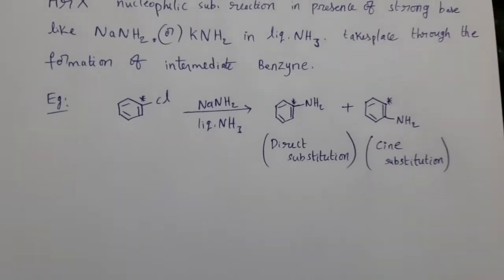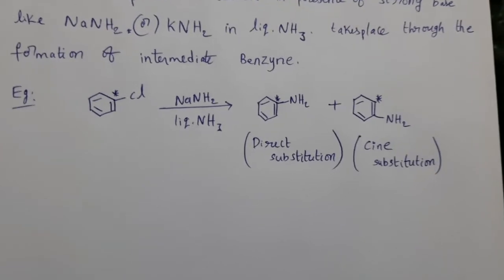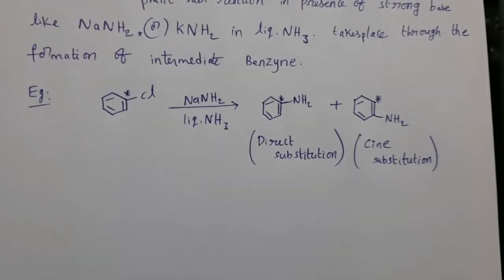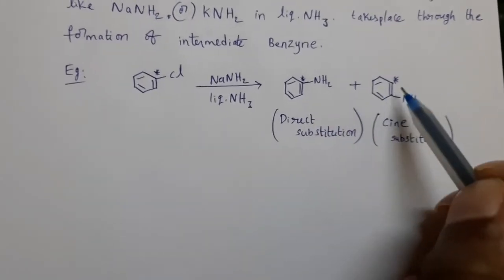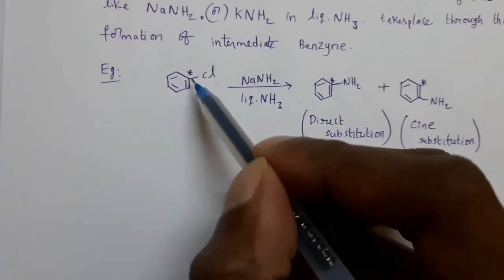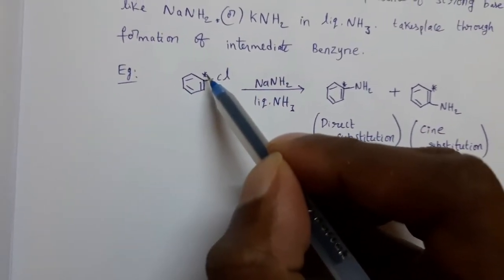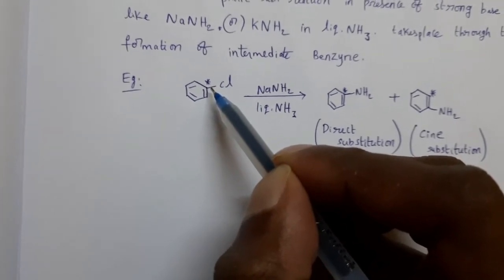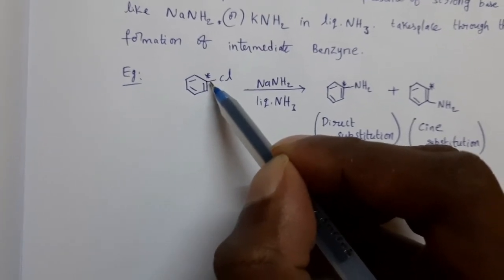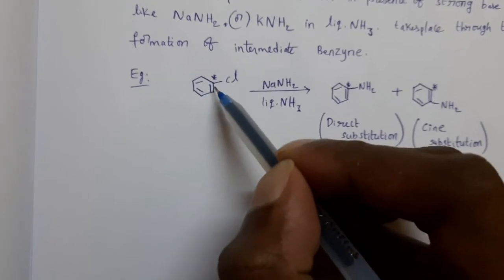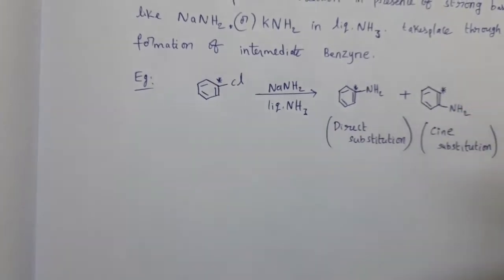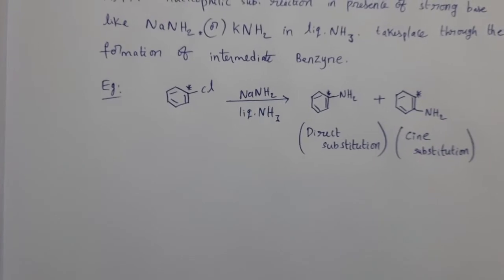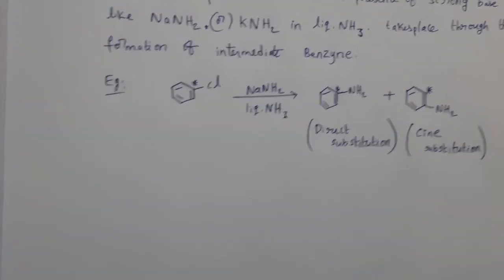You may get a doubt, what is the difference between cine substitution and direct substitution? Observe these structures carefully. Chlorine is present at this carbon. Here I put an asterisk mark. Star mark means this carbon is an isotope of carbon, C14. In these 6 carbons, 1 carbon is taken as the isotopic carbon atom.